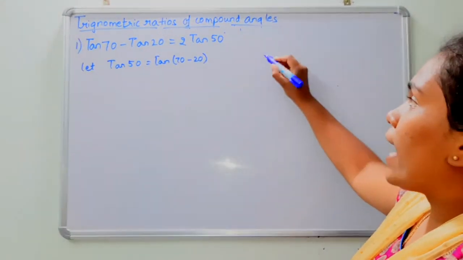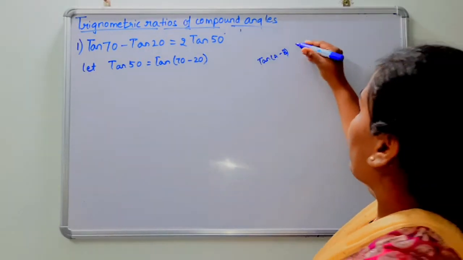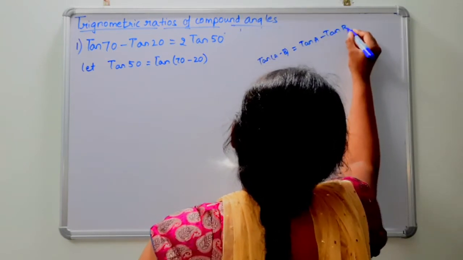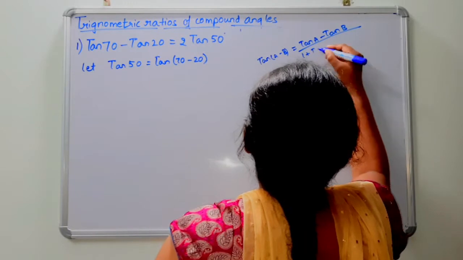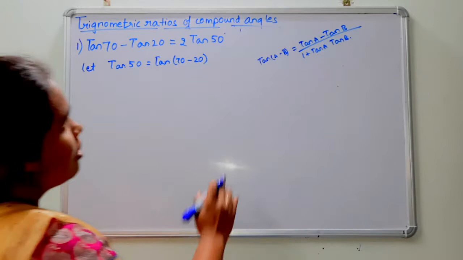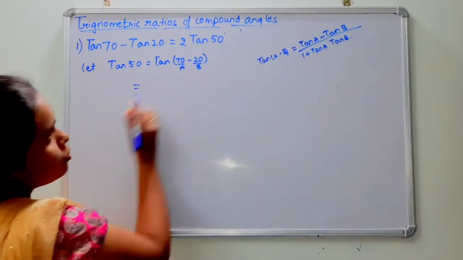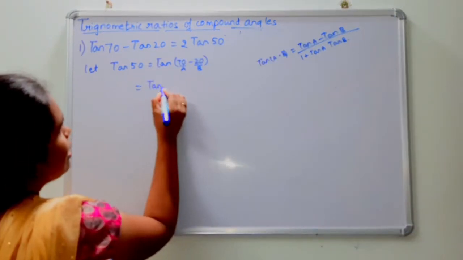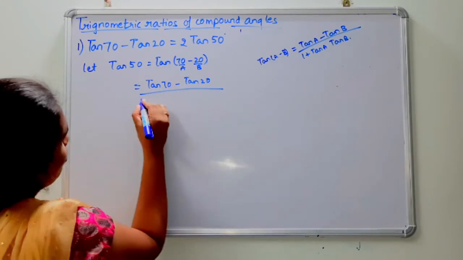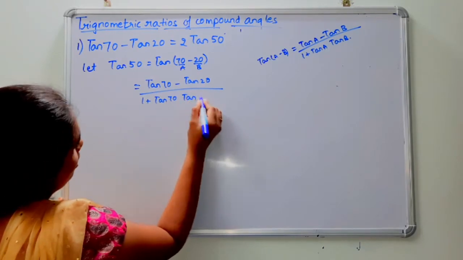Is this in the form of tan(A minus B)? Yes. What is tan(A minus B)? Tan(A minus B) is tan A minus tan B by 1 plus tan A into tan B. Okay, write down. What is tan A? A is 70 whereas B is 20. Tan 70 minus tan 20 by 1 plus tan 70 into tan 20.